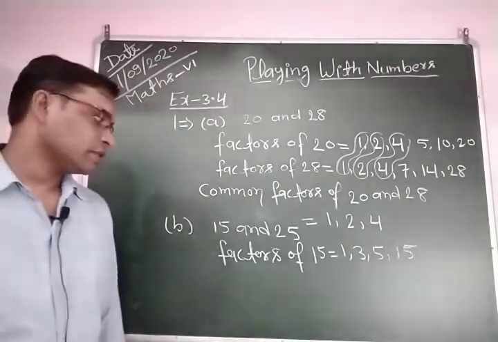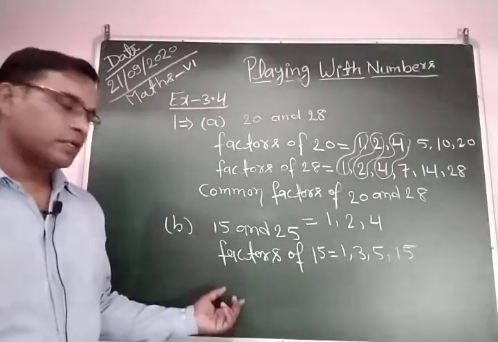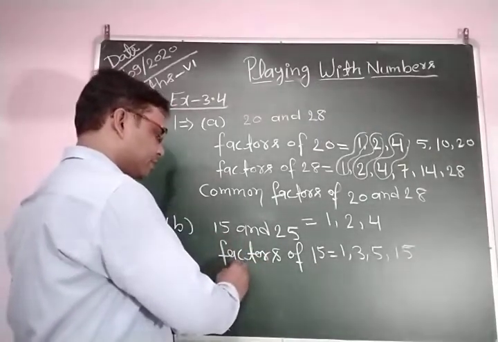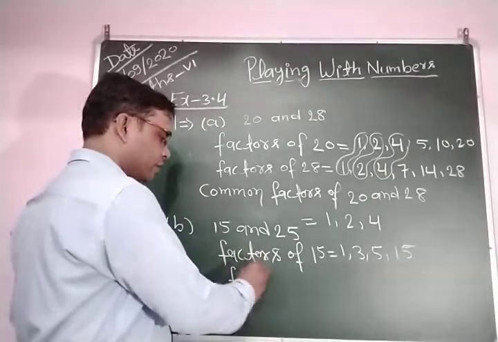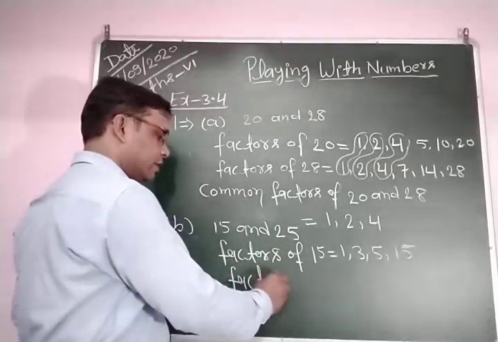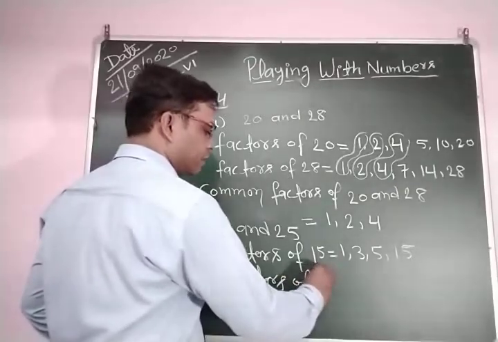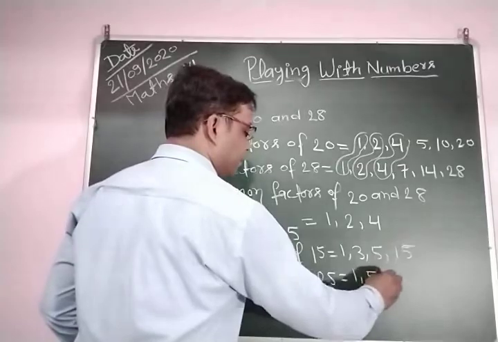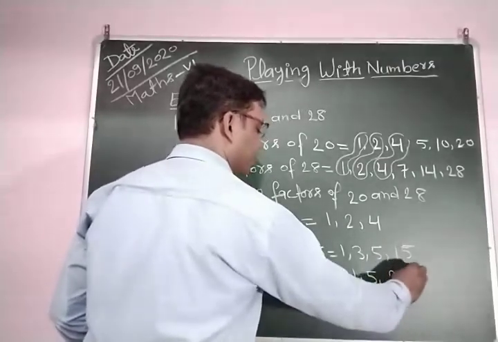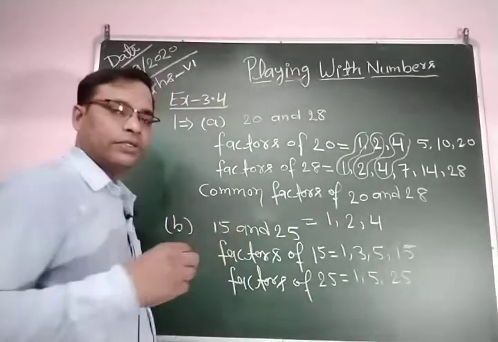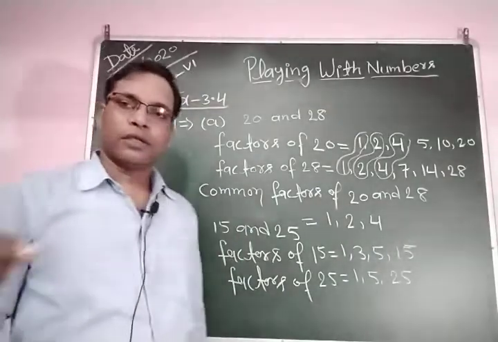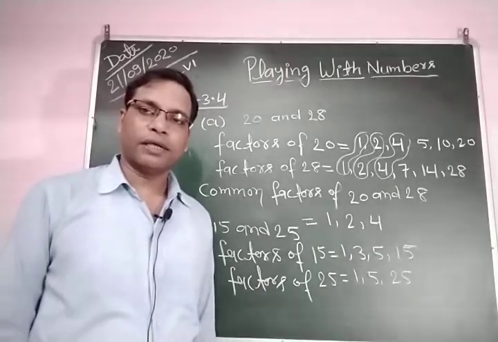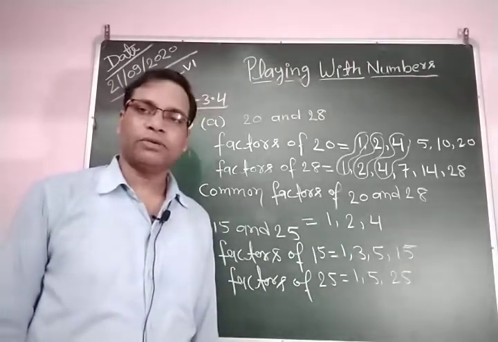Now what are the factors of 25? The factors of 25 are 1, 5 and 25. We need to find the common factors of 15 and 25.